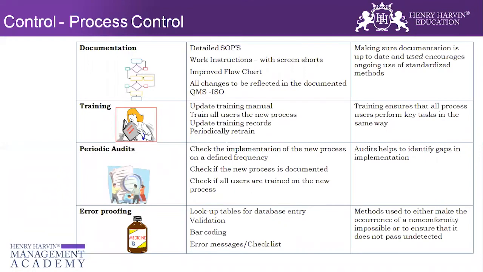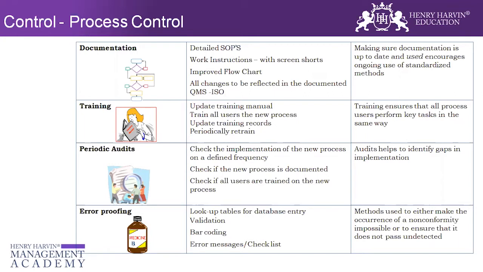So under the control phase, we also have process controls, which talk about documentation, training, periodic audits, and error proofing. This is about when the process is in control and we are moving from project to process. We need to ensure that documentation is done, which includes the detailed standard operating procedures. Make sure the documentation is up to date and encourages ongoing use of standardized methods.